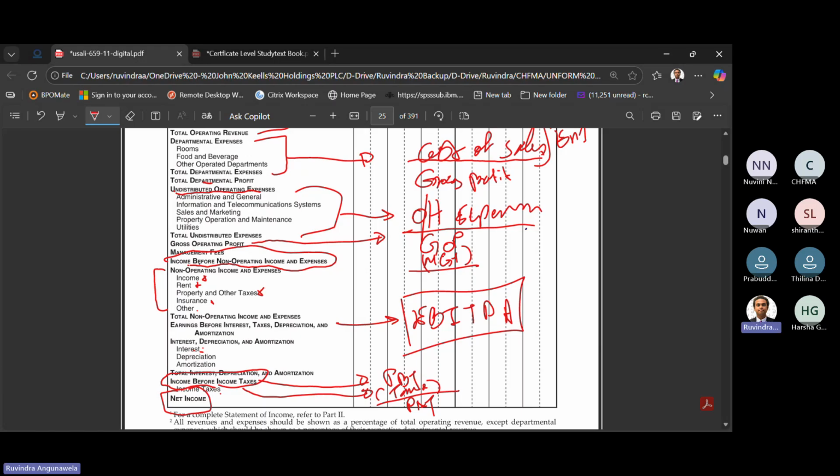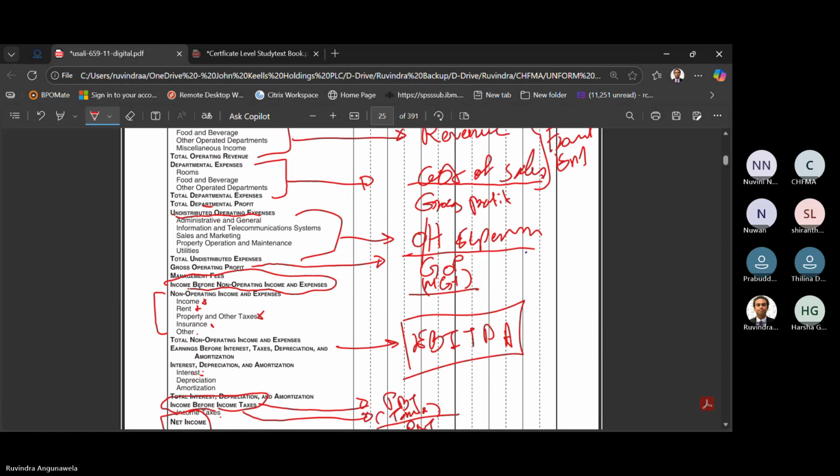So again, just to recap, we had the revenue, we had the cost of sales, we went into gross profit, then we have the overhead expenses, then we had the gross operating profit, then we had something called the management fee. After management fee, we had the non-operating income and expenses, like the rent, the insurance, the property taxes, and so on.